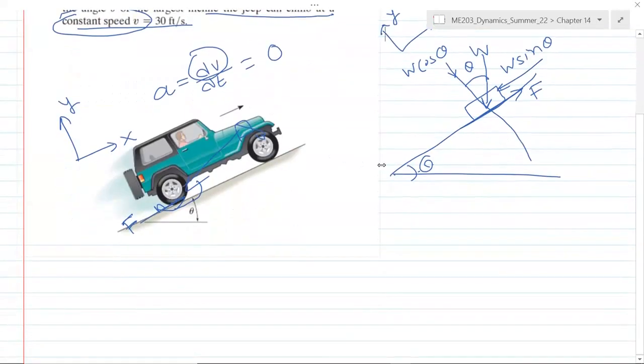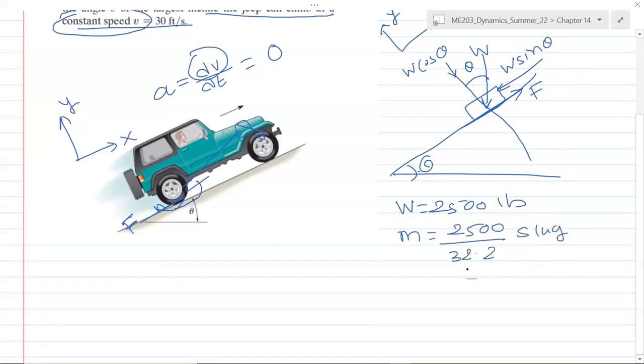So it's time to calculate the variables. W is 2500 pounds. Now we need mass in our equation, so mass is 2500 divided by 32.2 slug. Power of the jeep is given as 100 horsepower. Now the units are given in the FPS system, so we need to convert this into FPS. So 100 multiplied by 550 is the conversion factor, foot pound per second.